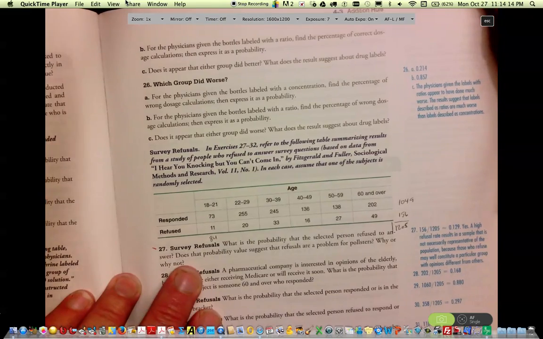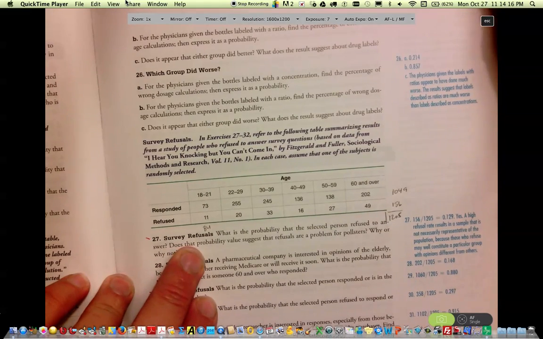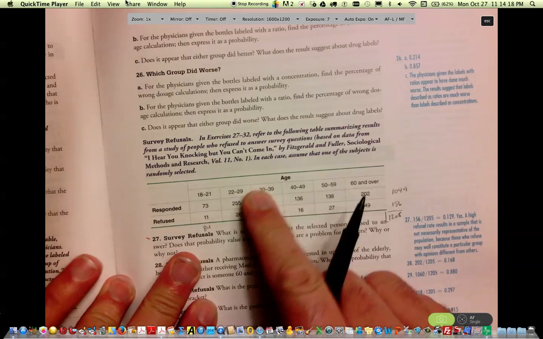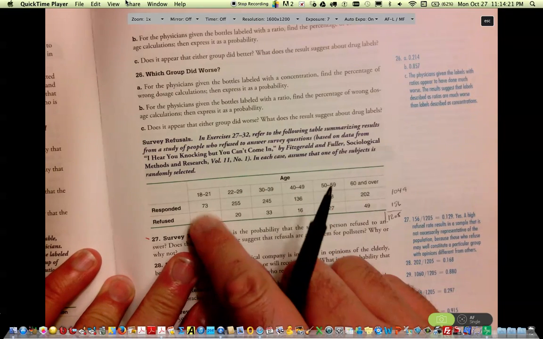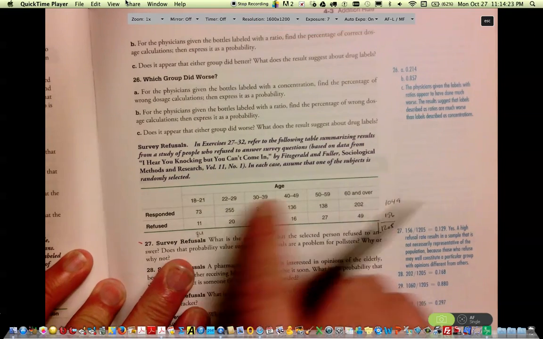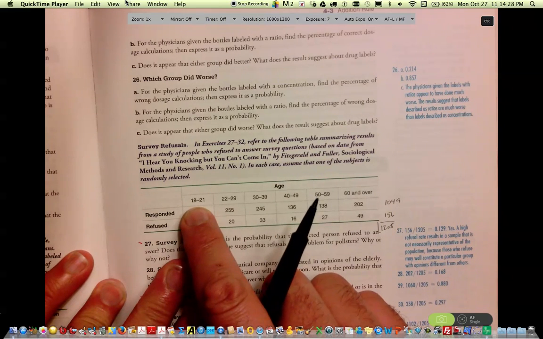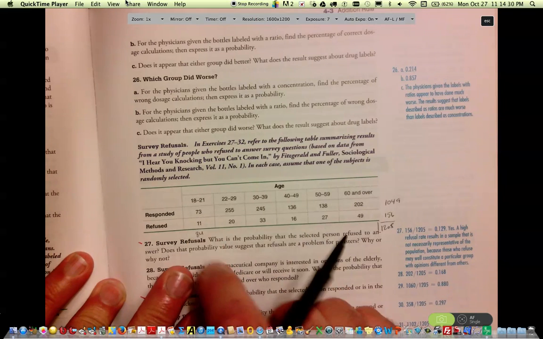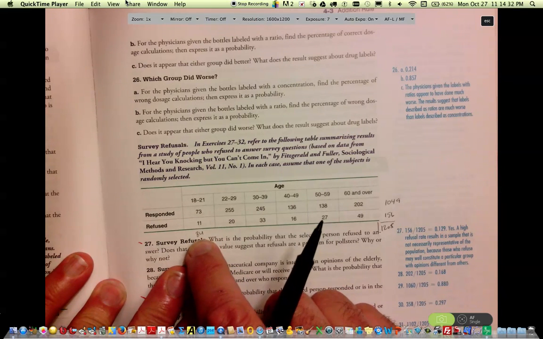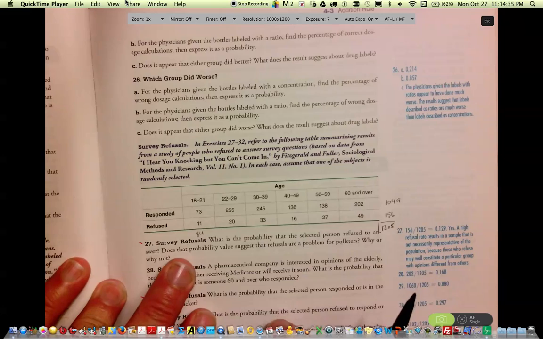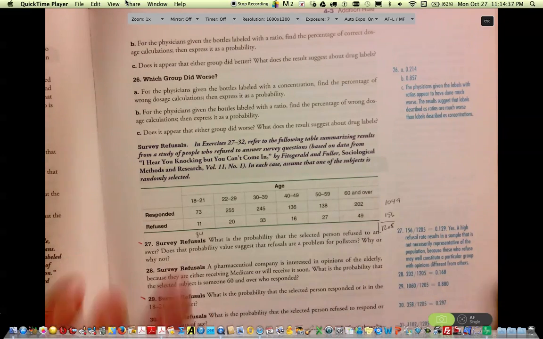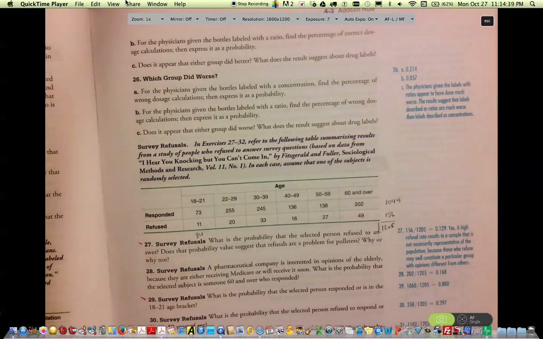For number 27, we've got some kind of a survey where we're asking people, and sometimes people responded and sometimes they refused. This is split up by their age group. These young people over here, 18 to 21 years old, had 84 people interviewed, and 11 said they didn't want to answer the question. We've got this table that corresponds to all the different age groups. Number 27 says, what's the probability that the selected person refused to answer?